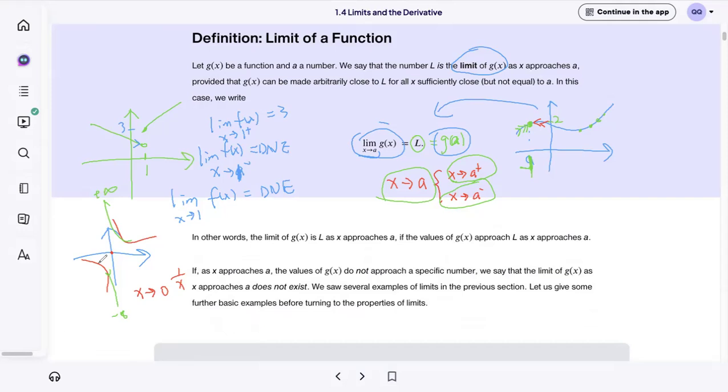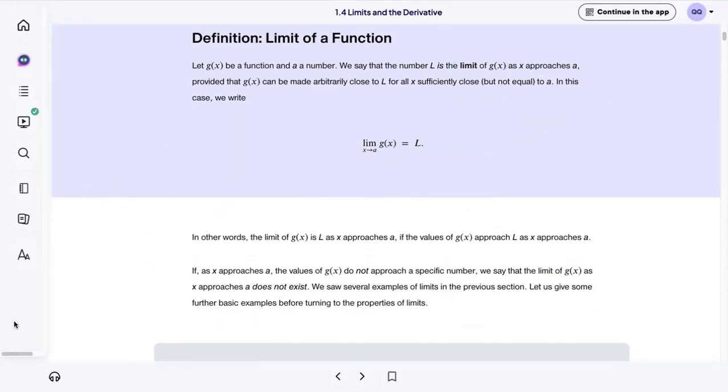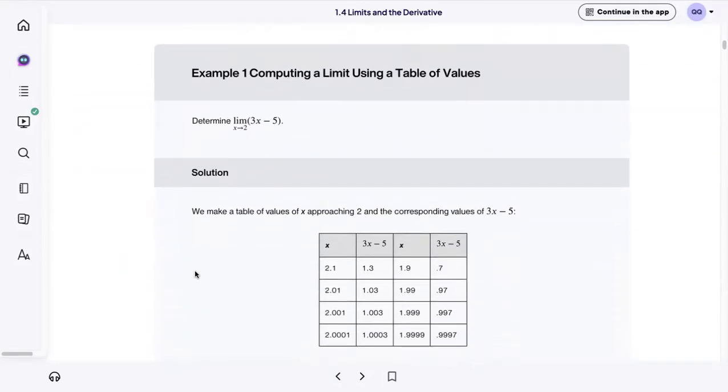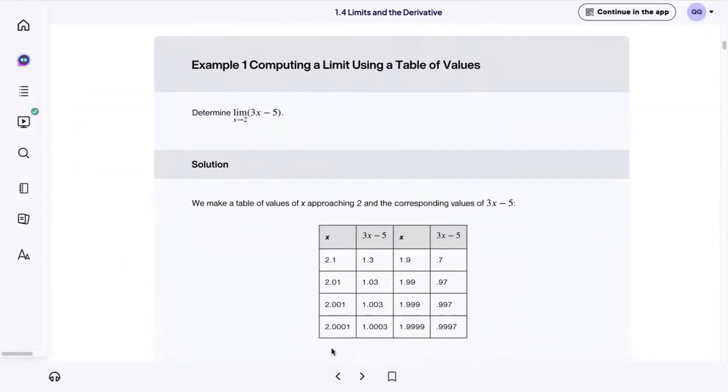So also limit does not exist. So that's the idea why we need the limits. We want to deal with the functions like this, piecewise function. What happens on the left-hand side of a value is different from what happens on the right-hand side of a value.